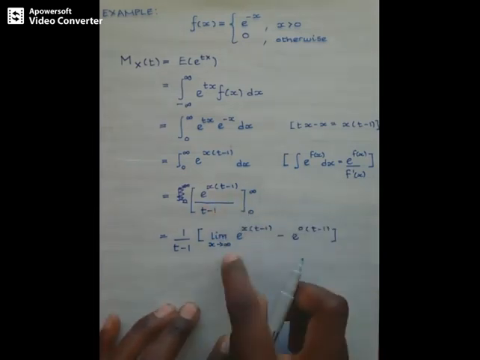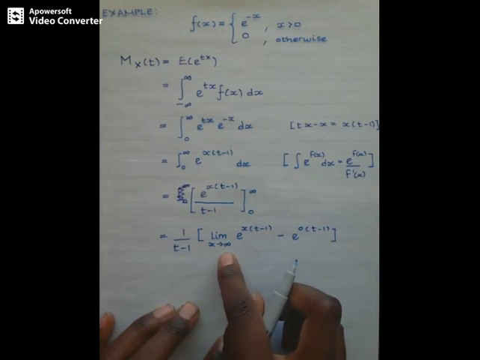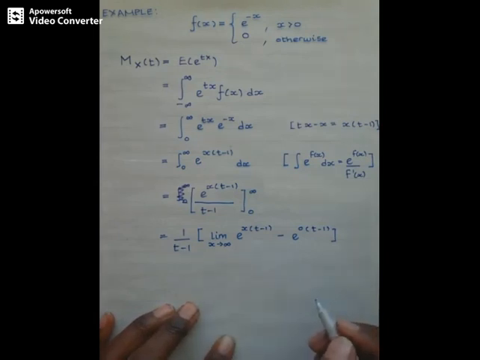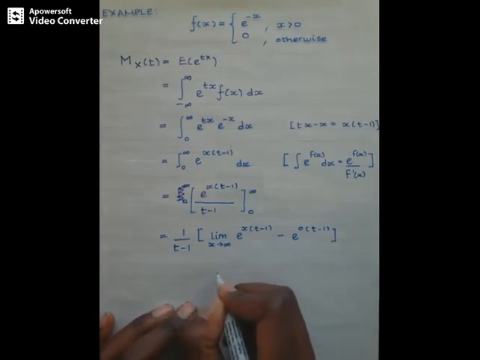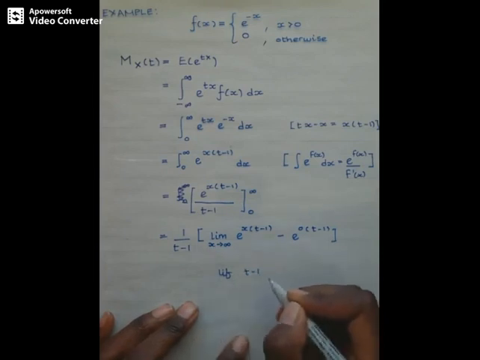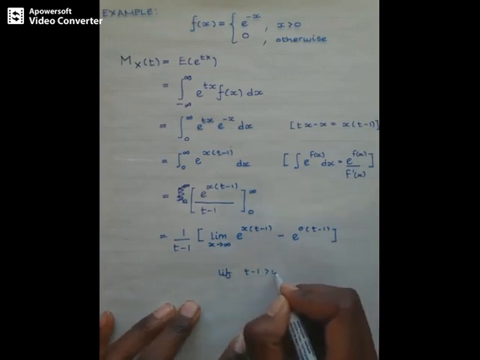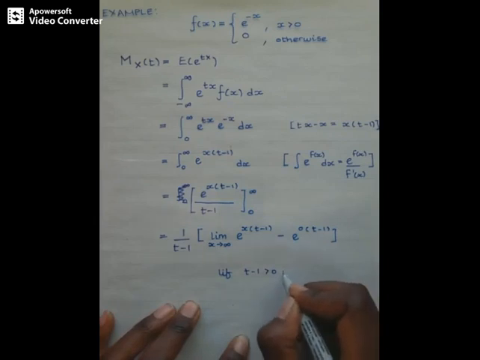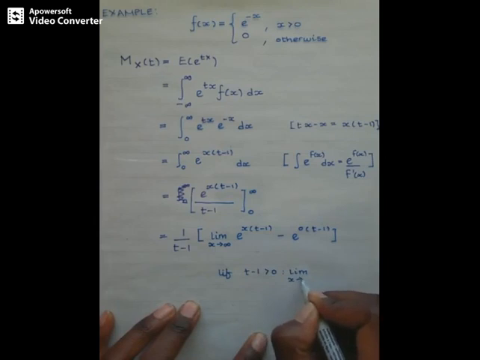Okay, so that's that square bracket bit there. Now I want to have a look at this bit here where you have the limit. I want you to notice something. If t minus 1 is greater than 0, then we notice that the limit as x approaches infinity of e to the power of x times t minus 1 just goes towards infinity.